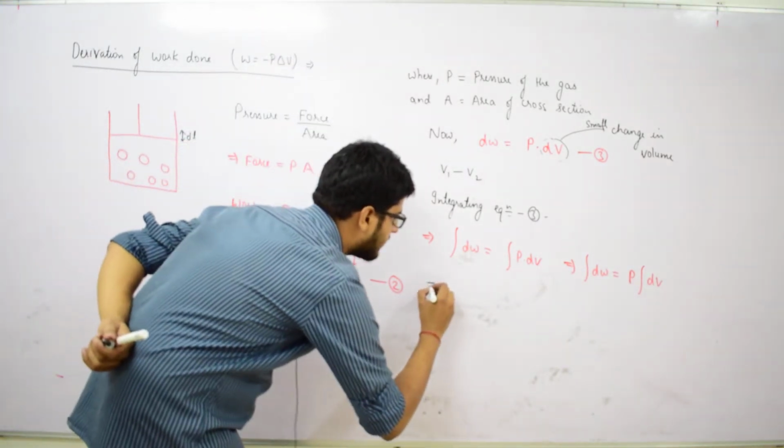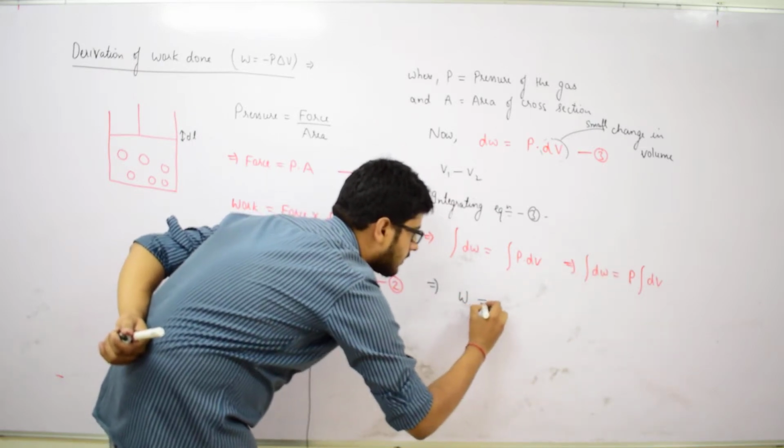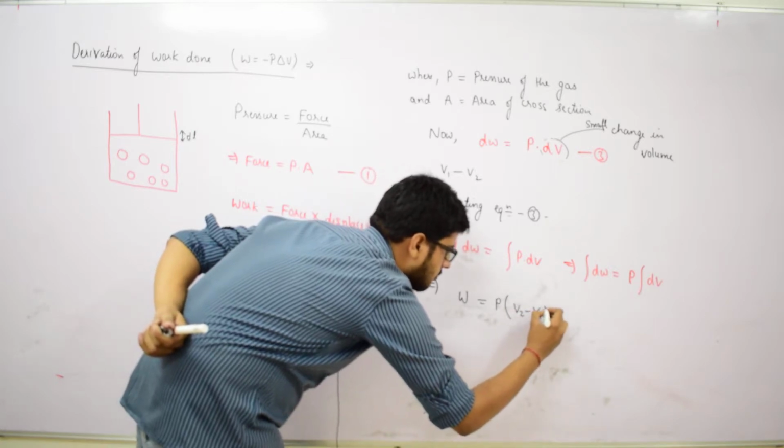That is, this will be equal to the complete work done W, and this will be equal to P times the higher volume minus the lower volume.